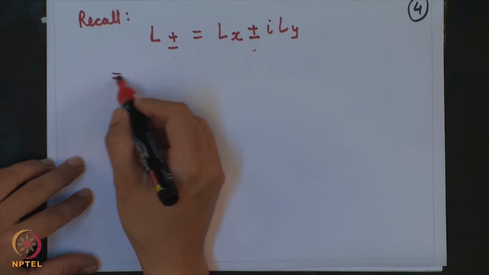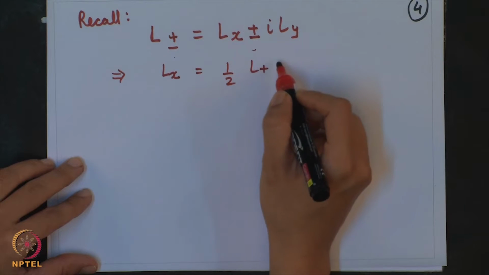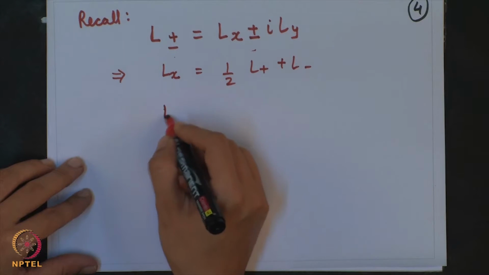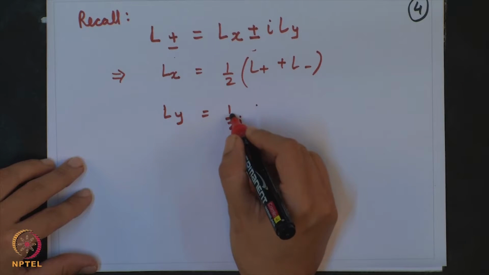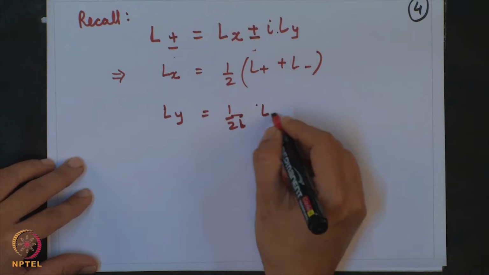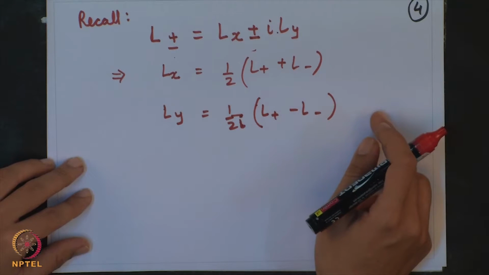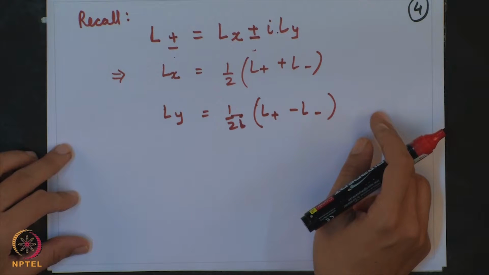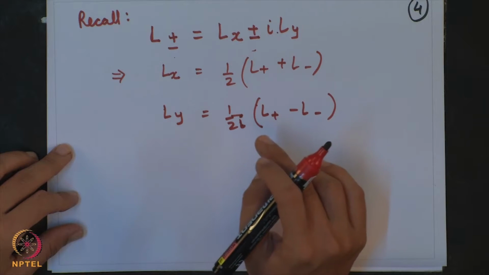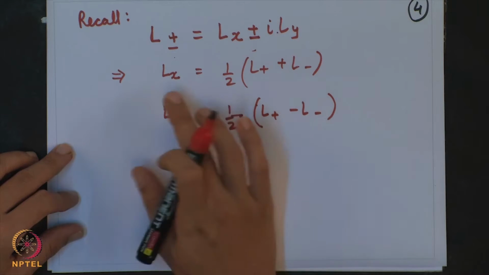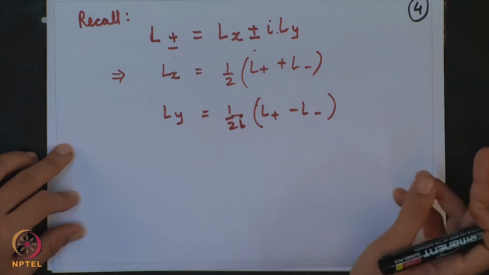So, from this what do you infer? Lx is half of L plus plus L minus, Ly is half, and there is a factor of i, L plus minus L minus. So, these would be very useful in obtaining whether the Hamiltonian has ket 1 0 as an eigenket. It will be very simple to operate L plus and L minus on the eigenket rather than Lx and Ly.